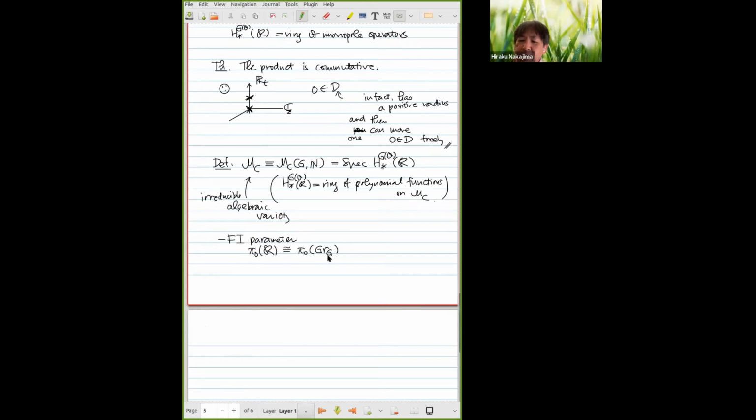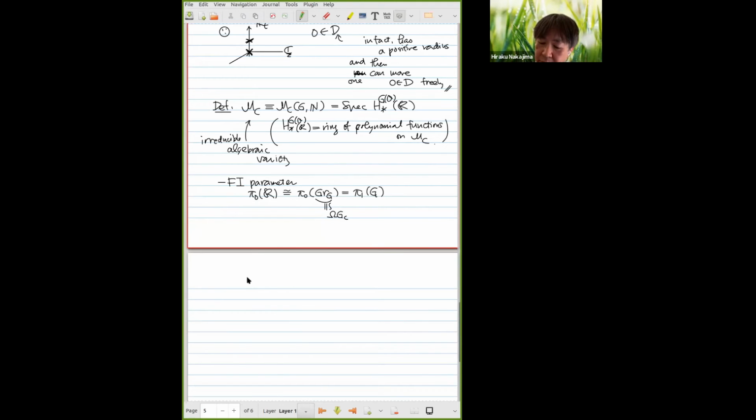In topology, this is the same as the space of based loops in G_C, so this is the fundamental group of G_C. This is why we define the flavor symmetry T_C for the Coulomb branch as the Pontryagin dual of pi_1.